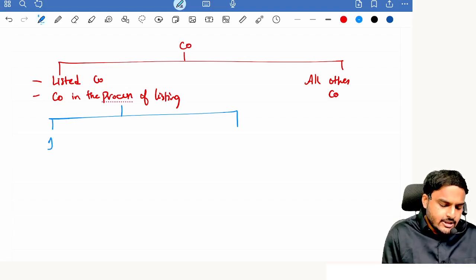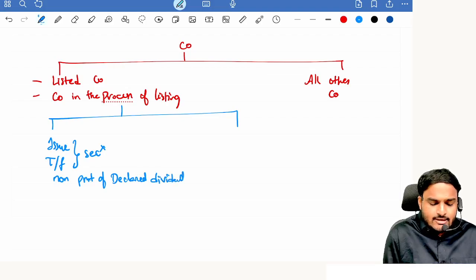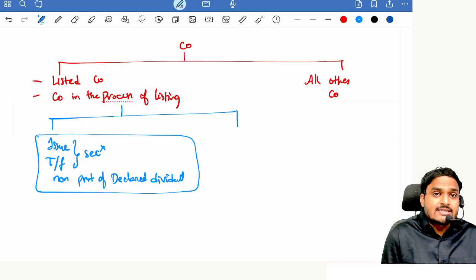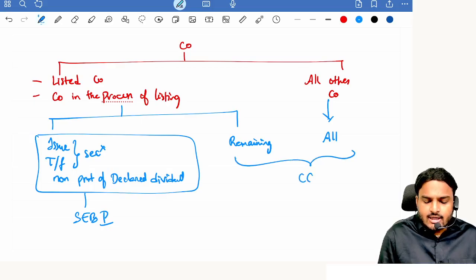One is issue of securities, transfer of securities. Next one, come on, tell me. Non-payment of declared dividend. Who will take care of all these activities? That means who has the power to deal with all these matters? SEBI. Remaining matters and all matters of all other companies are regulated by the central government.